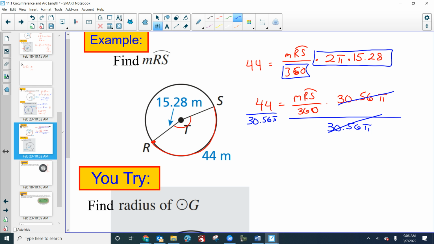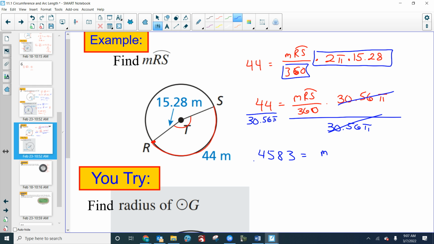So 44 divided by 30.56 pi, and you may not need parentheses. I'm just being careful. I'm getting 0.4583. Now, I'm rounding it so far because I'm going to have to do another calculation, and I don't want it to become more and more off, okay?